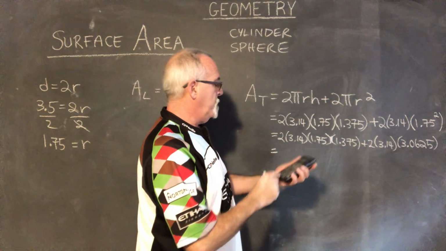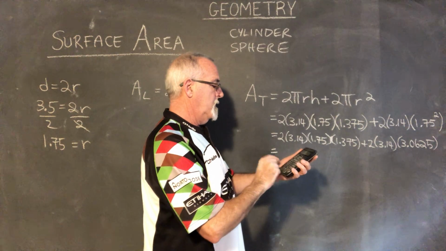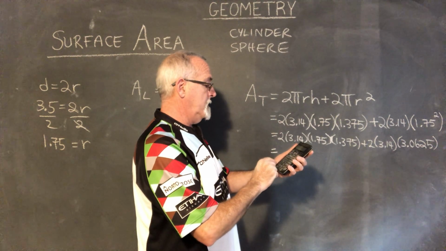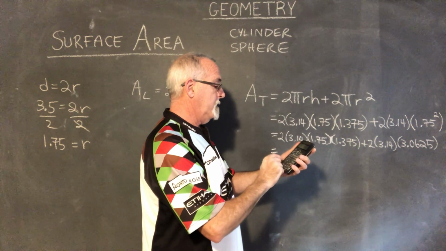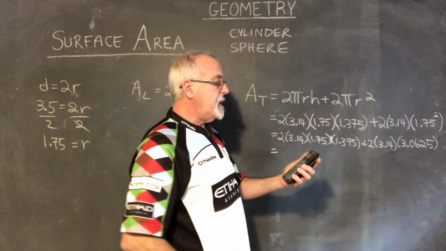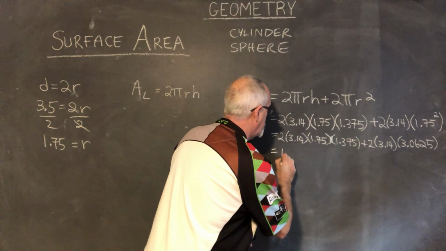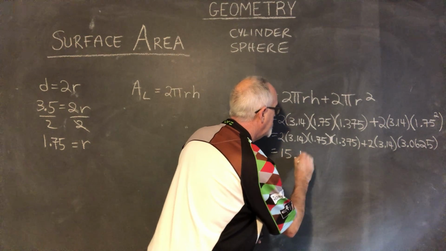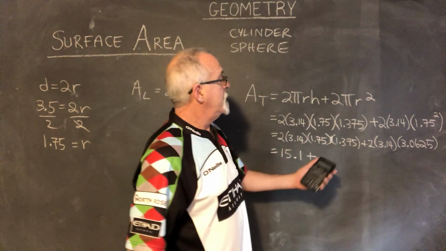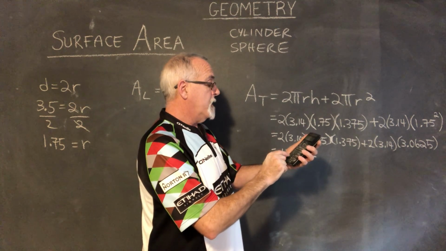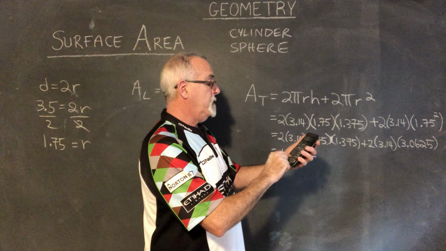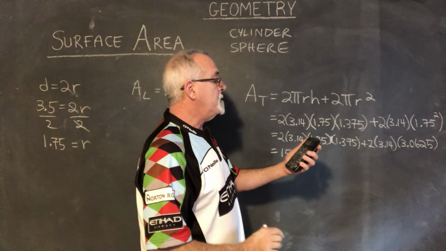2 times 3.14 times 1.75 times 1.375 equals 15.11125. I'm just going to write 15.1. Plus 2 times 3.14 times 3.0625 equals 19.2325.